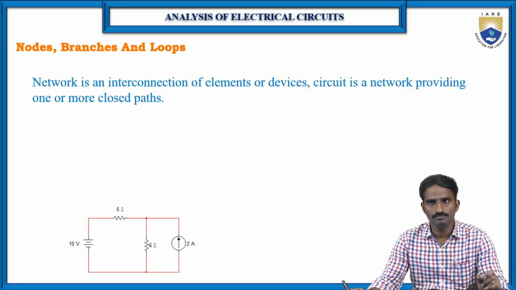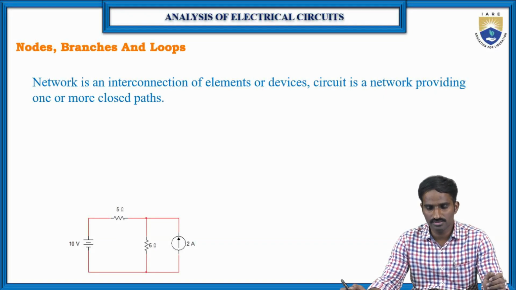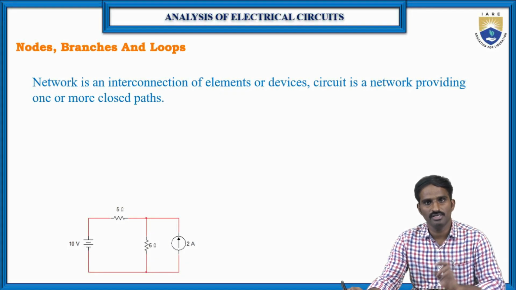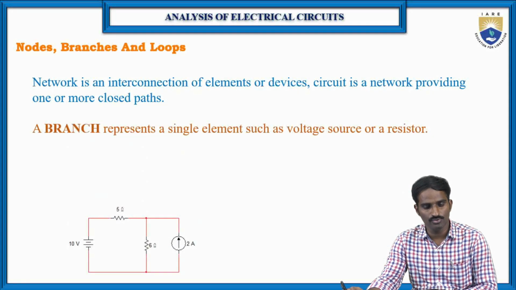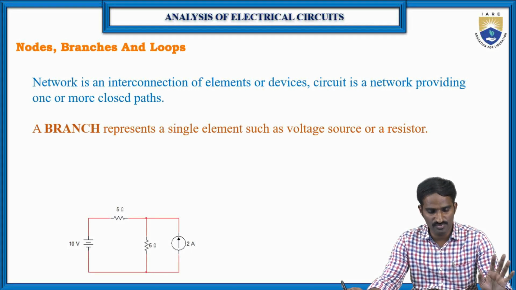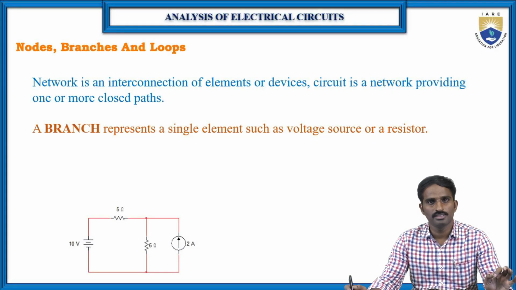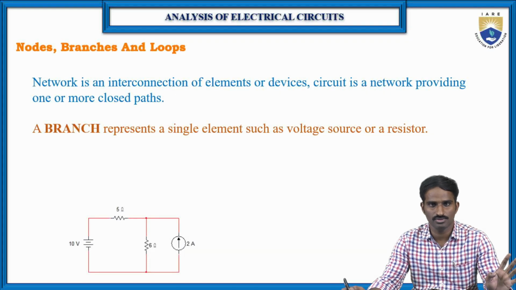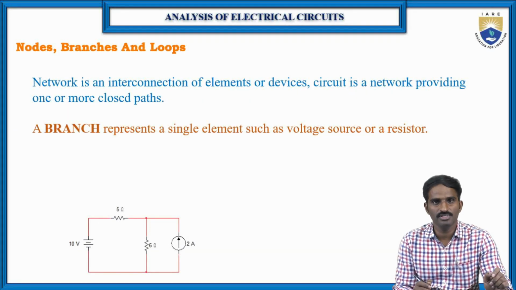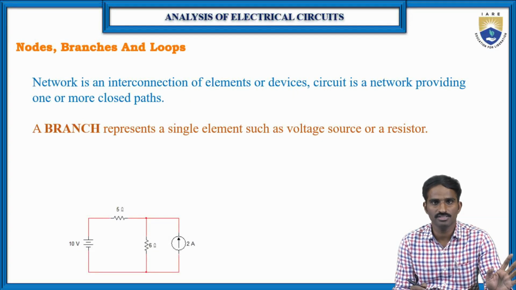As we know, a network is an interconnection of elements or devices. This circuit or network will provide one or more closed paths. For our understanding, let us consider one electrical circuit. What is meant by a branch? Here, the branch represents a single element such as a voltage source or a current source. For this particular electrical circuit, how many branches are there?